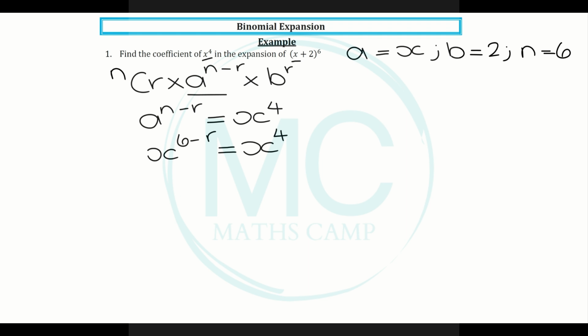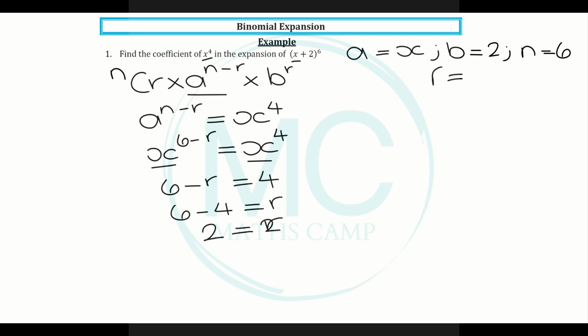When you have bases that are the same, x and x, your exponents are equal. So now 6 minus r is equal to 4, which means that 6 minus 4 is equal to r, which means in this case, our r value is 2. So up here, I'm going to say r is equal to 2, and now we can make some space.